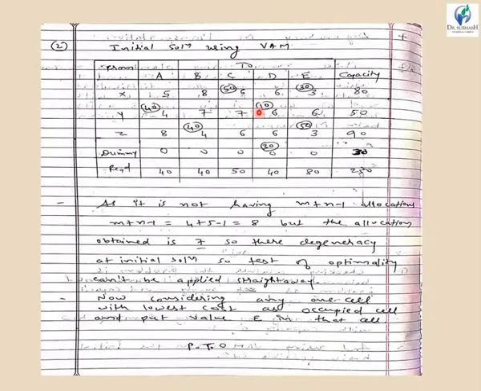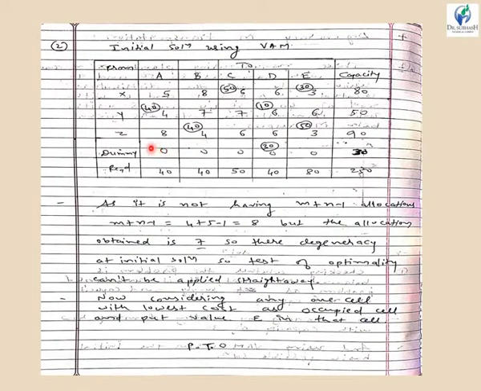In the whole table, the least cost is over here, here, here and here. So you might have a question: where to put that epsilon value so that it can be considered an occupied cell?